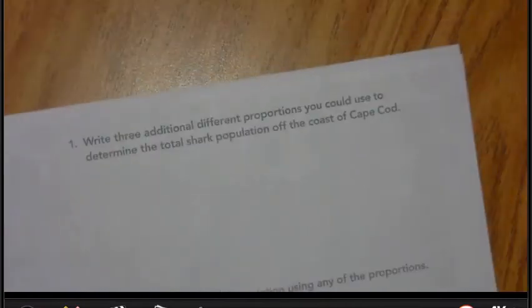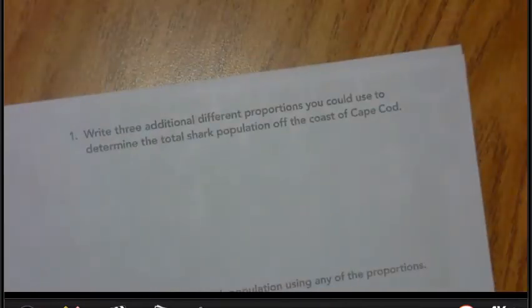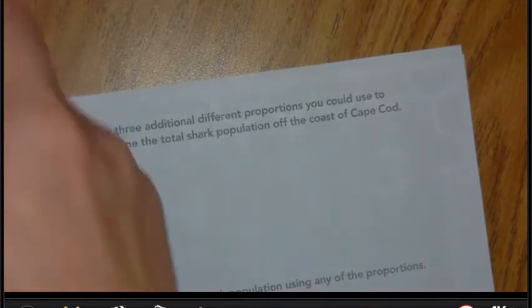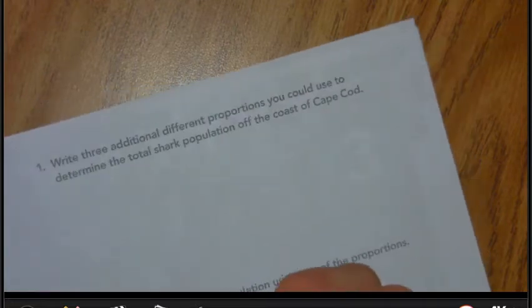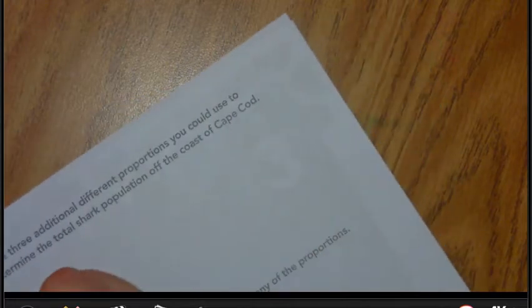All right, so let's solve a couple of questions here. Number 1, write 3 additional different proportions you can use to determine the total shark population off the coast of Cape Cod. One of the proportions could be this.